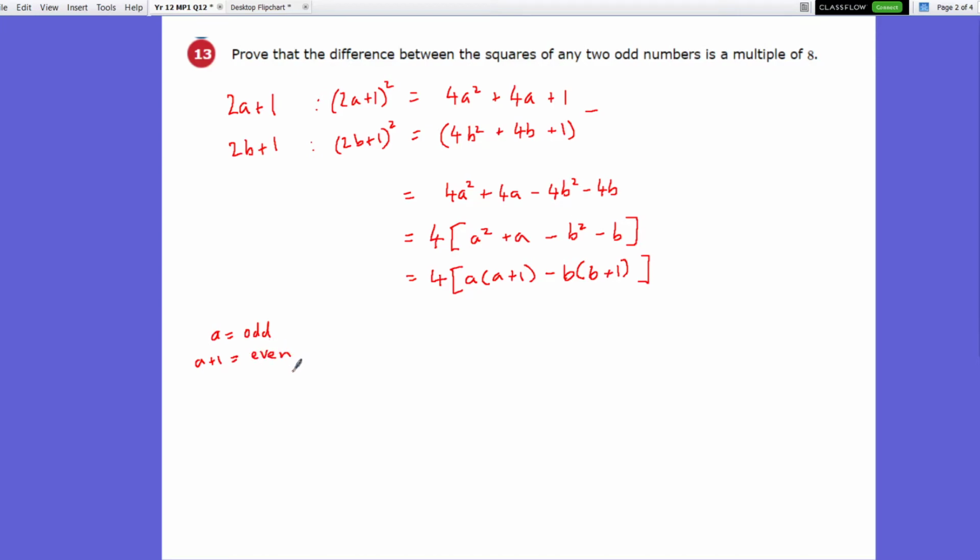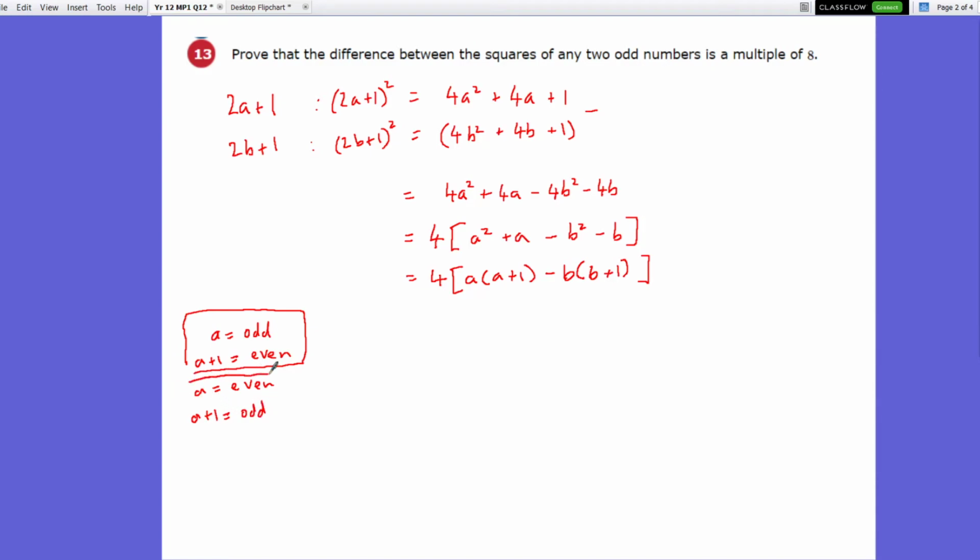Okay, and likewise, otherwise, if we said a was even, so we've got this scenario here, or we've got this scenario where we claim that a is even, then a plus 1, even plus 1, is going to give me odd.